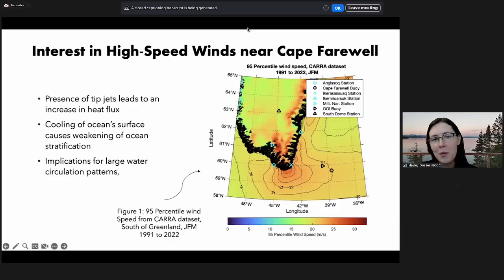So here you were talking about how cooling of the ocean surface can cause weakening of ocean stratification. But in a lot of parts of the Arctic, we actually have temperature increasing as you go deeper down in the water column. So in that case, if you were cooling the surface, you'd actually be strengthening the ocean stratification. And I just wondered if you could speculate a bit on how that would change the picture that you're describing in this slide.